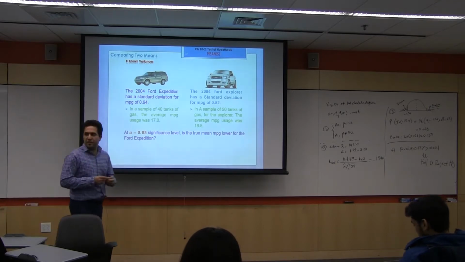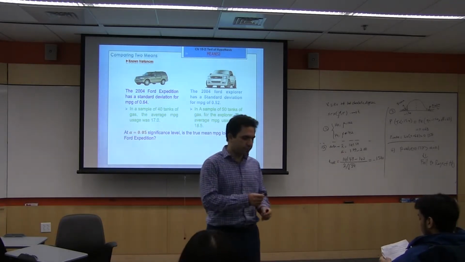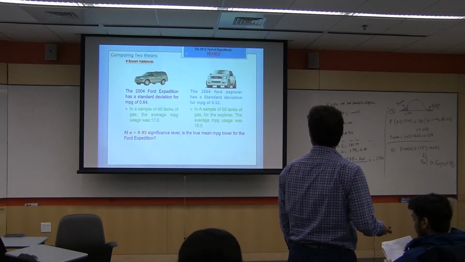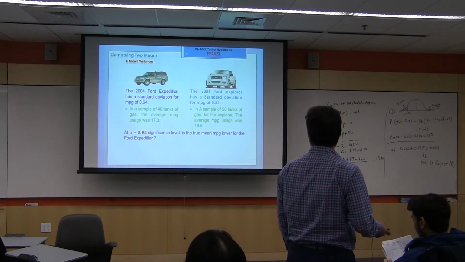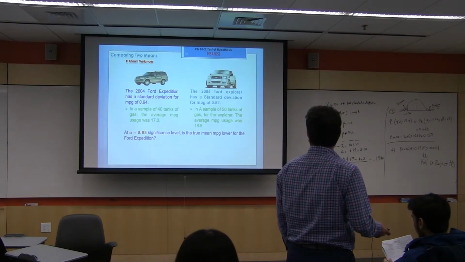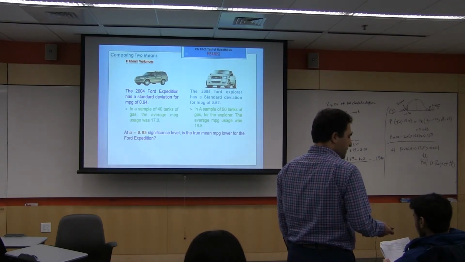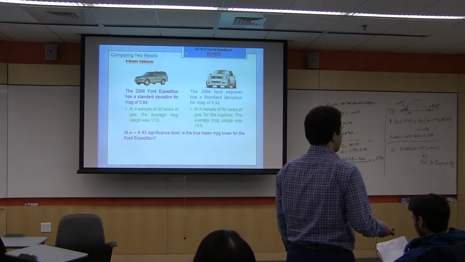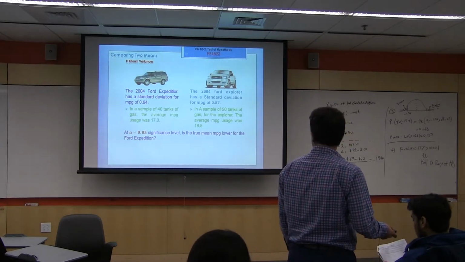Comparing the MPG of two cars, the 2004 Ford Expedition has a standard deviation for MPG of 0.64 miles per gallon. In a sample of 40 tanks of gas, the average miles per gallon usage was 17.